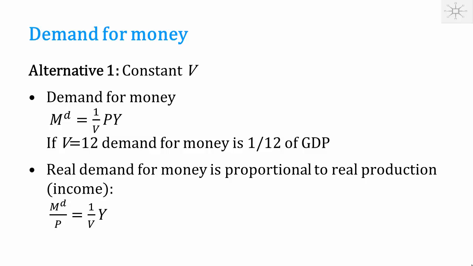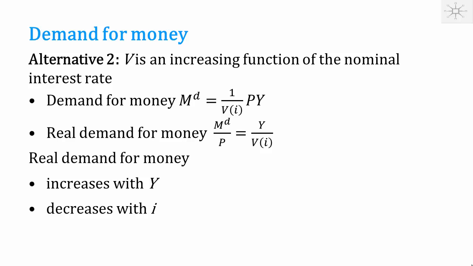But as we said, the interest rate is the opportunity cost of holding money. So it may be plausible to assume that the velocity is an increasing function of the nominal interest rate. That is, if the interest rate is very high, people think that, well, it's costly to hold money because I lose the interest, so I will not have so much money in my pocket.